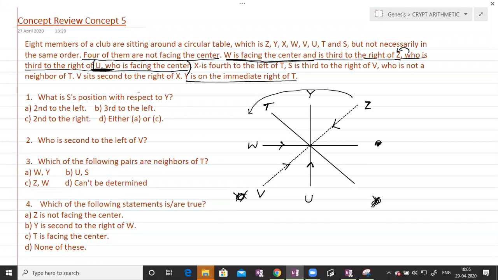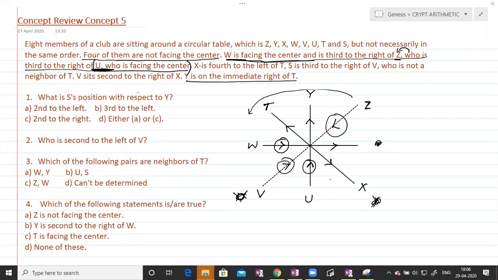It means all looking outside then. So inside this one, facing the center, 1, 2, 3, 4, and remaining facing outside the center, right? So only one left here, that is X, right?